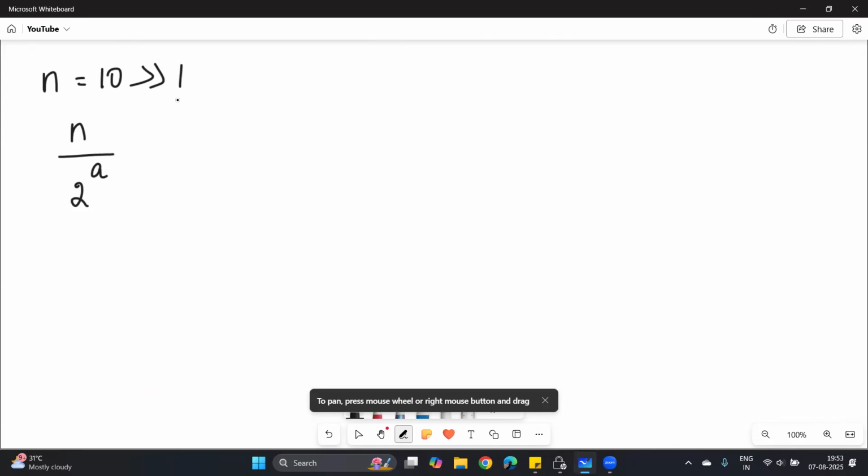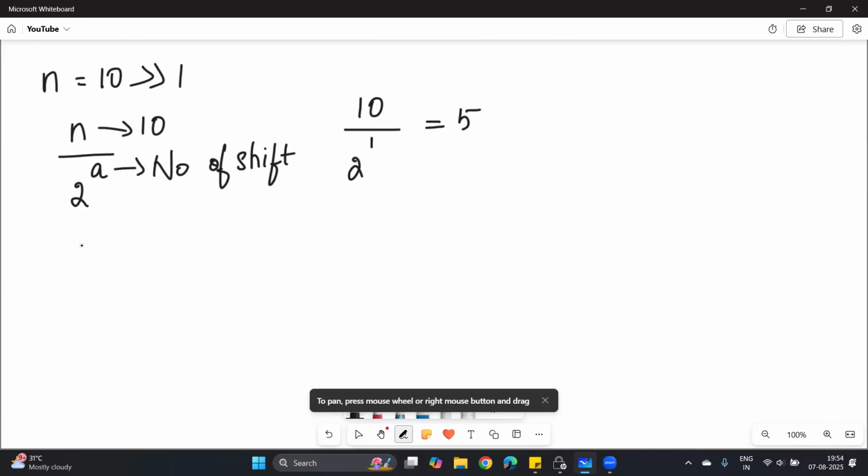This is the number of shifts, and n is the actual number. So this 10, we are going to divide it by 2 power a. The value of a is 1. So this will result as 5. Similarly, for minus 10, we'll be dividing it by 2 power 1, and this will again be minus 5.